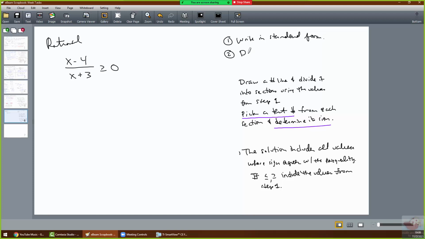Step 2 is to determine where the numerator is 0. So notice our step 1's already done. Everything is on one side, 0's on the other. Step 2, we're going to set the numerator equal to 0, and notice we get 4.